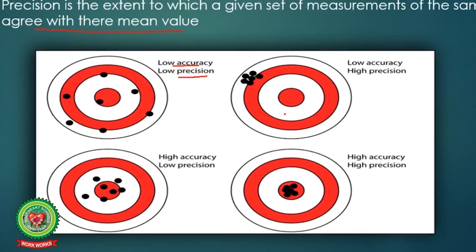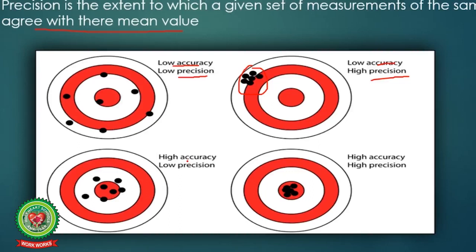In the second figure you can see low accuracy and high precision. Why? Low accuracy means it is not hitting the center of the target. High precision, why? Every time it is striking at the same place, although it is not the true value. In the third figure, if you observe carefully, most of the hits are at the center.